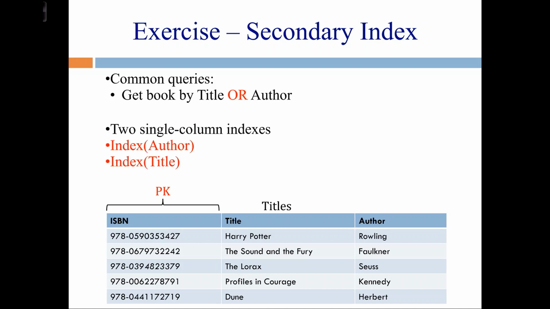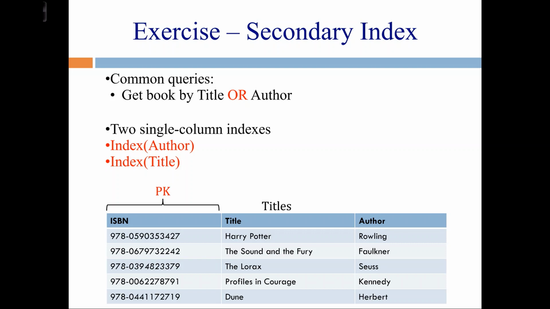Turns out what we need is just two indexes, one on each column. The reason for that is if we don't find a book with the right title, then we need to go and look for any book with the right author.